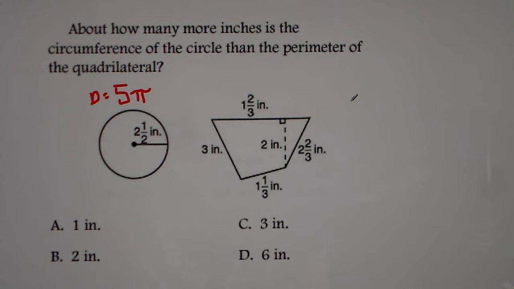So I do 1 point, a whole bunch of 6s after the decimal, plus 3 plus 2/3, which is the same thing as 0.6 repeating.